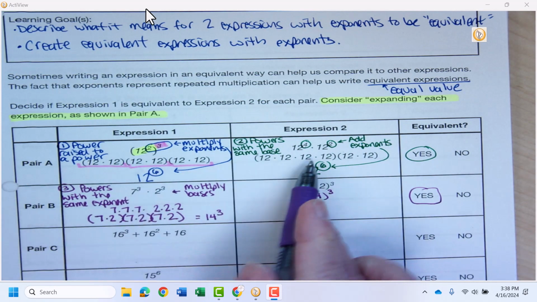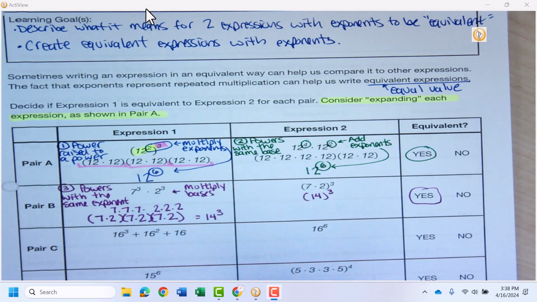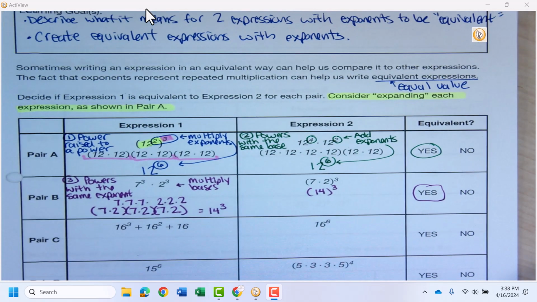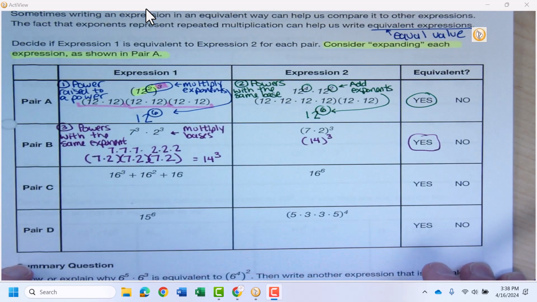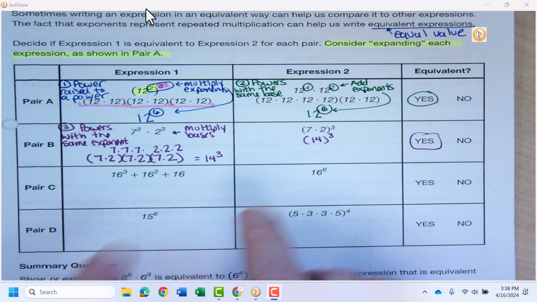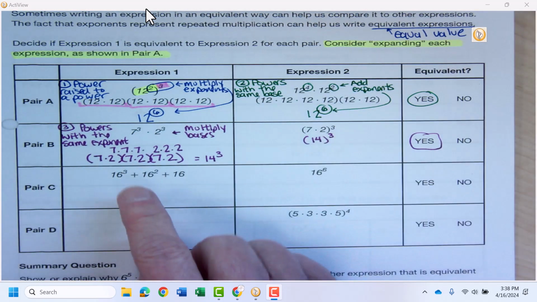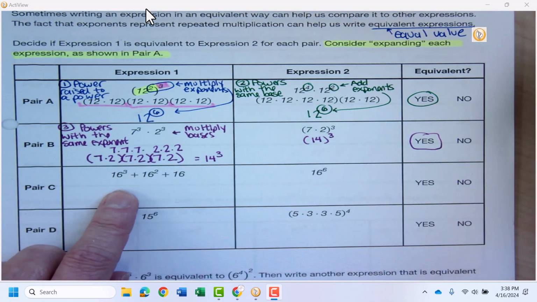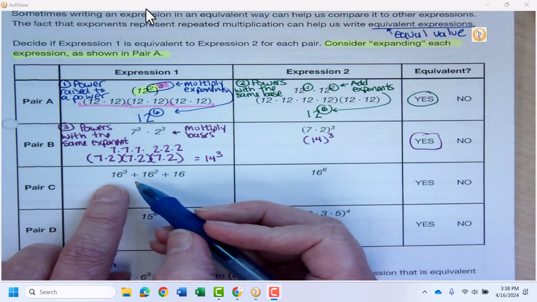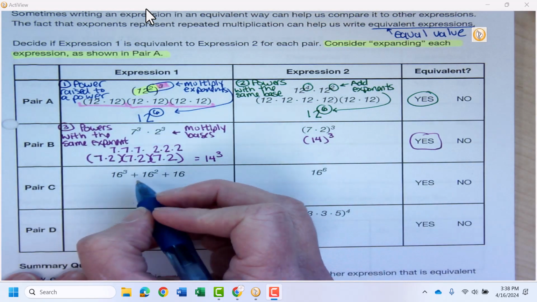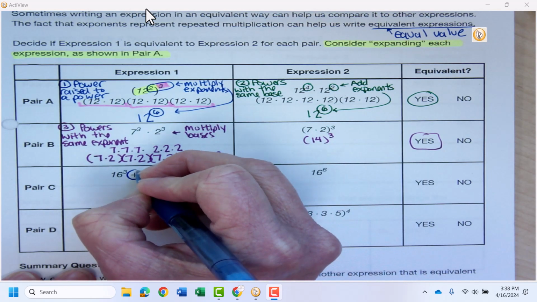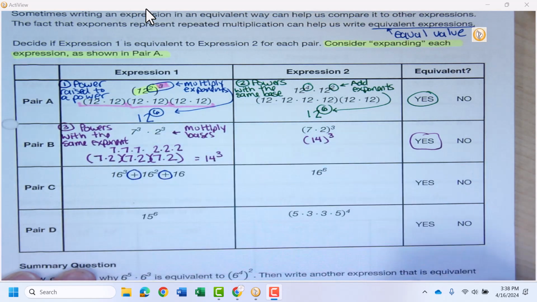So these are the three patterns that we saw in the activity today, and we'll get more practice with them in lessons to come. Let's look at the remaining couple of pairs to see if they're equivalent. The first thing we should notice in this column is that I have some repeated multiplication, but these plus signs really throw a wrench in that.